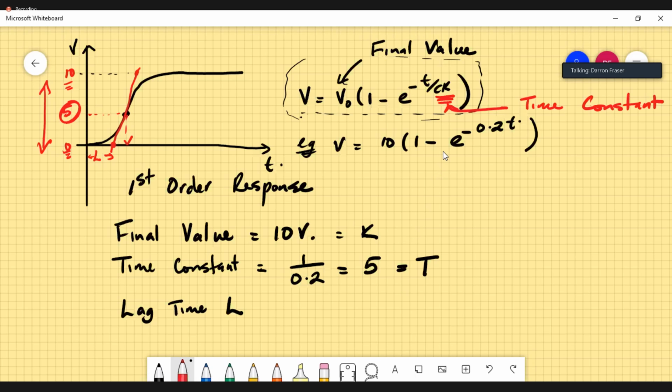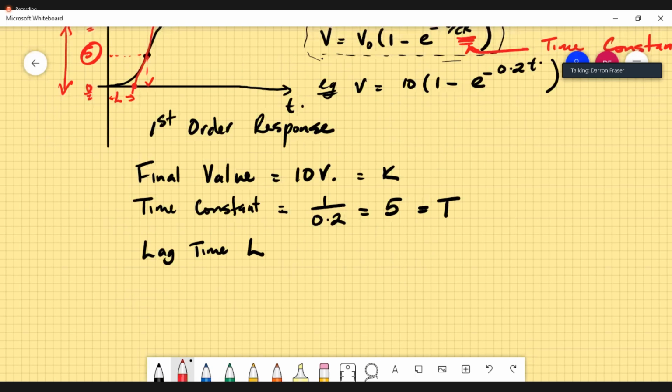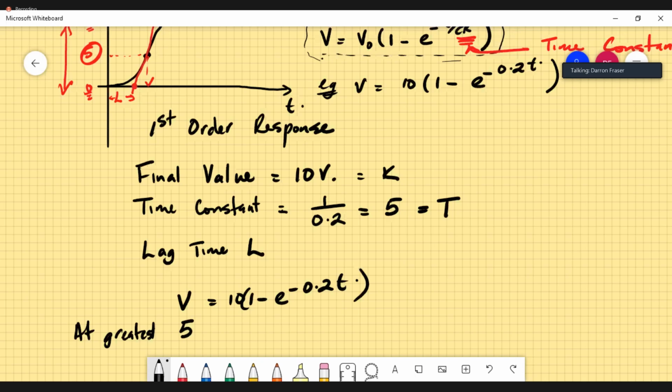So here's what I'm going to do now. I'm going to put in v equals 10 times (1 minus e to the minus 0.2t). That's not supposed to be 10e when I expand the bracket with the 1 and the 10. Sorry, 1 minus.